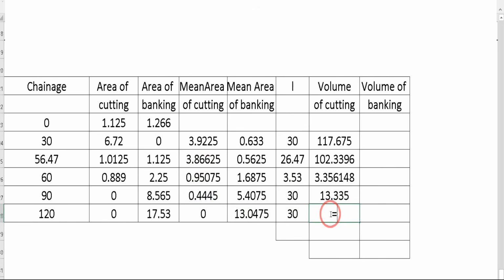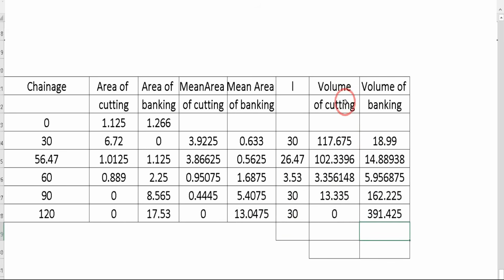And here also the same process, this area into this length, that will be 0. And here also we need to do the mean area of banking into length. So mean area into length. Here also it is the mean area of banking into the length. And the same process, this area into length. And here also this area into its length. This mean area into 30.